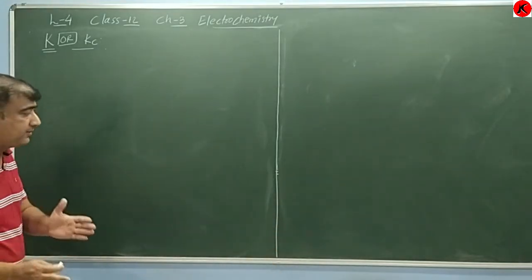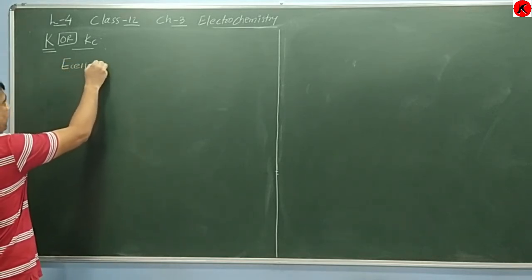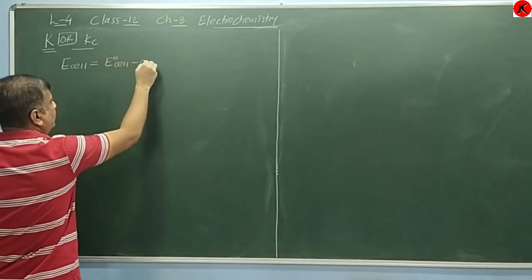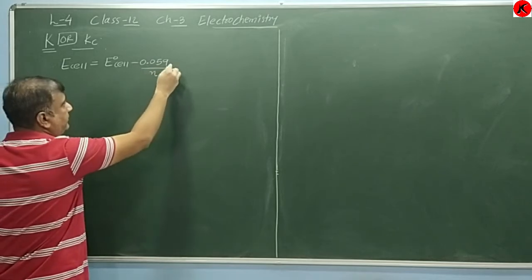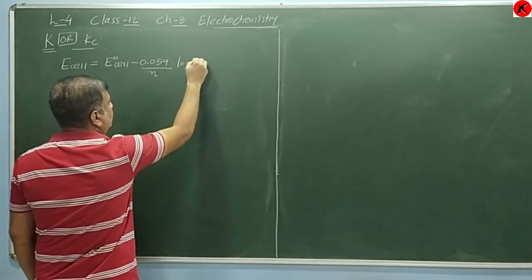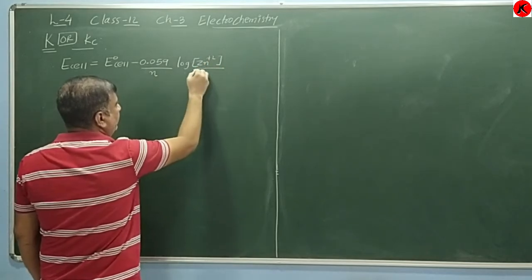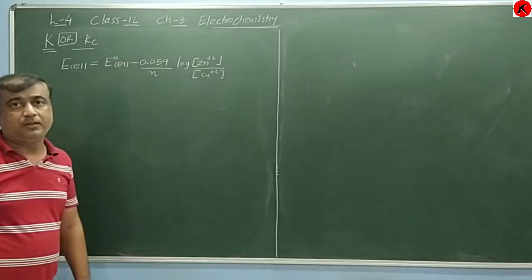For the Daniel cell, we know very well the Nernst equation can be written as E cell equal to E naught cell minus 0.059 upon n log concentration of Zn plus 2 divided by concentration of Cu plus 2.